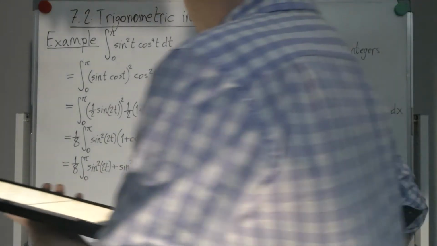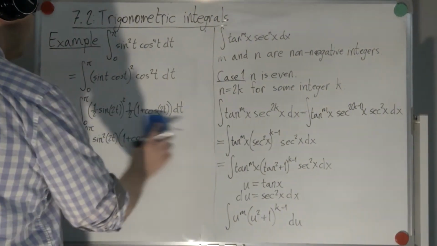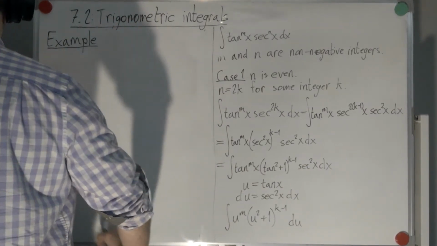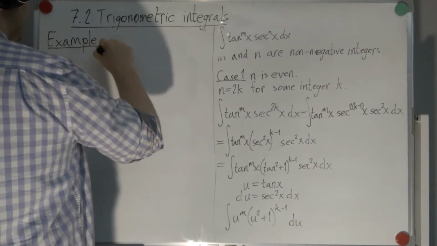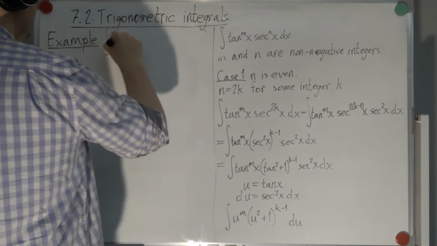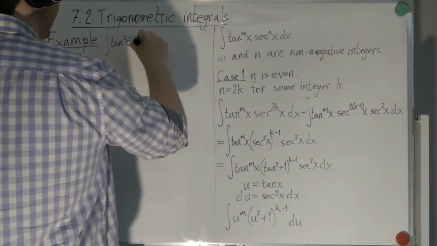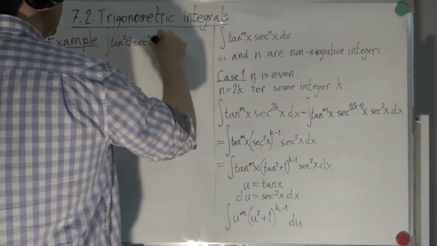So let's do an example of this. Let's suppose we're given the integral of tangent squared theta secant to the 4th theta d theta.